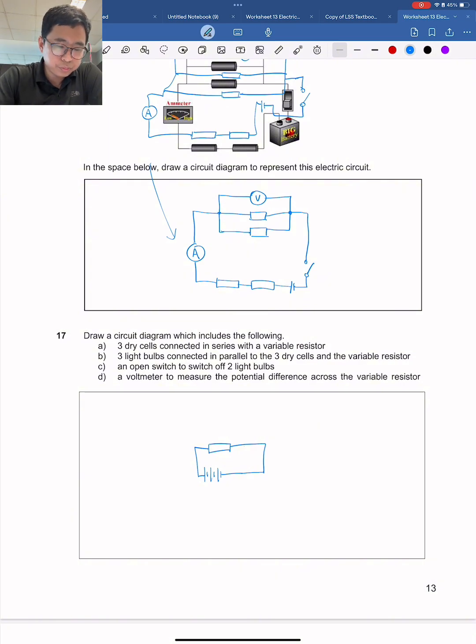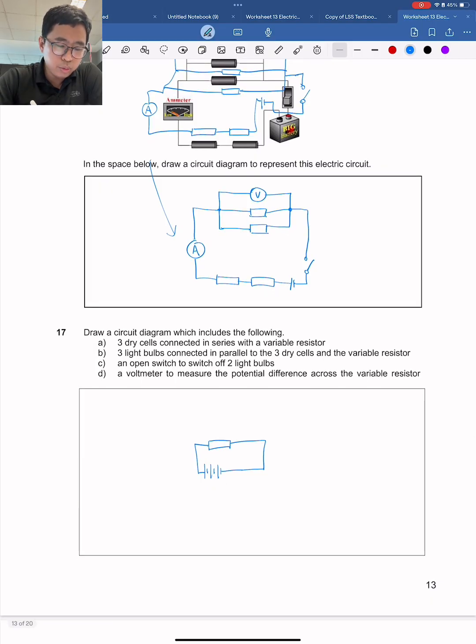What we can do is try to figure out how do we do them in parallel to this. Let me change this drawing a little bit to make it easier.